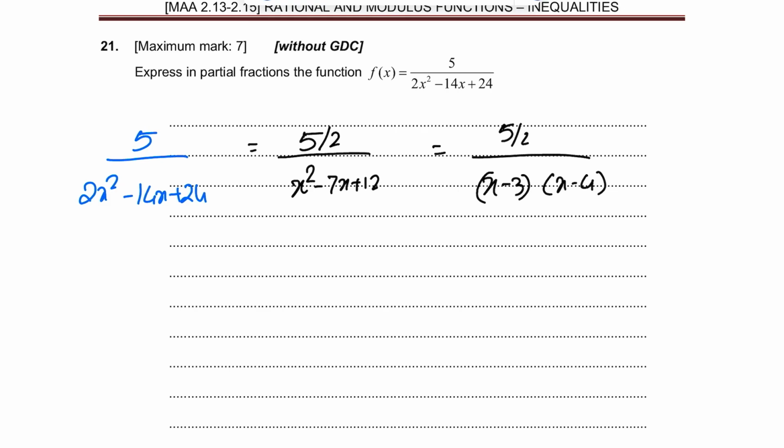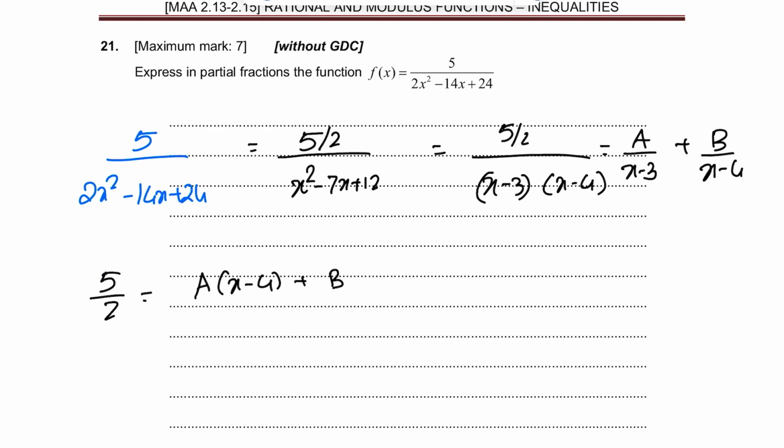So that should be equal to a upon x minus 3 plus b upon x minus 4. So 5 upon 2 equals a times x minus 4 plus b times x minus 3.